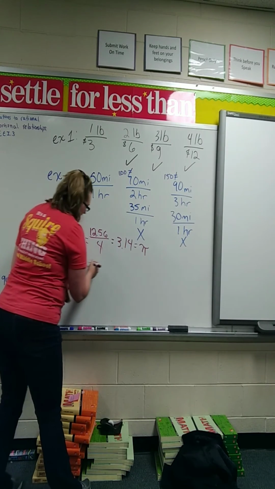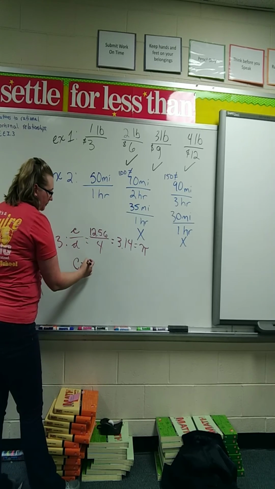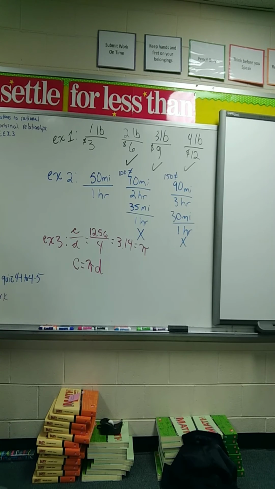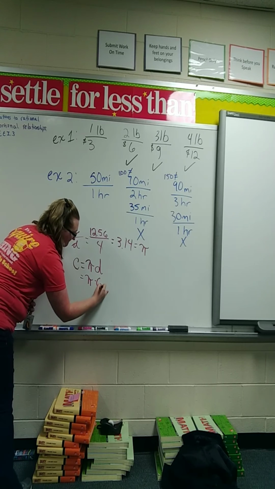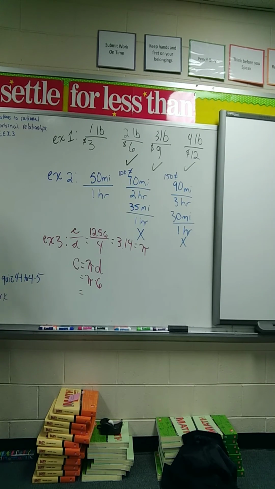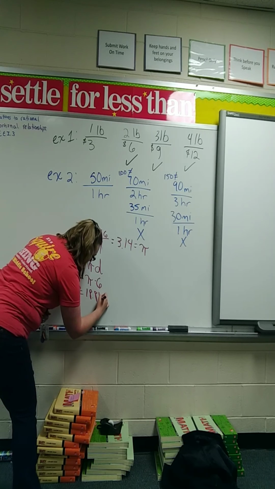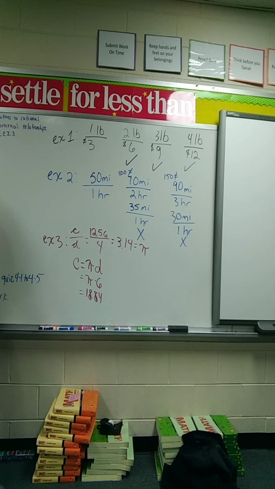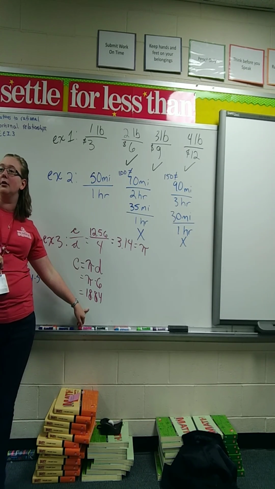So we're looking for the circumference. We need to multiply my constant of proportionality, which is pi, times my diameter. What tells me that the diameter is 6. So we're going to multiply that 3.14 times 6, and that gives us 18.84. So, because this is proportional, my circumference in this problem is going to be 18.84.